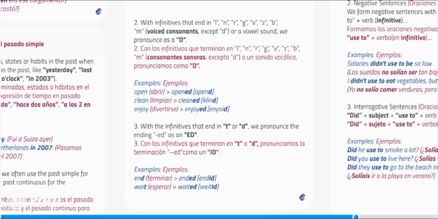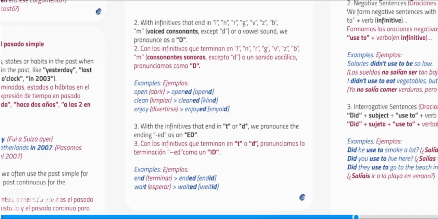With infinitives that end in T or D, we pronounce the -ed as an -ed. Examples: end, ended; wait, waited.